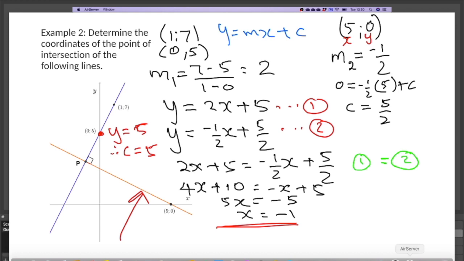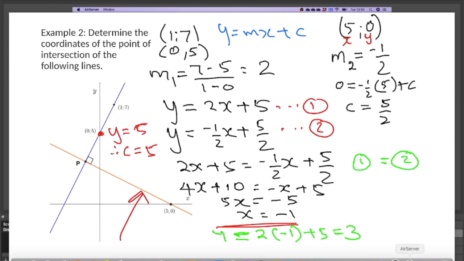This means y is equal to 2 multiplied by x, but x is minus 1, all that plus 5. And that will give you an answer of 3. So the value of y is equal to 3.